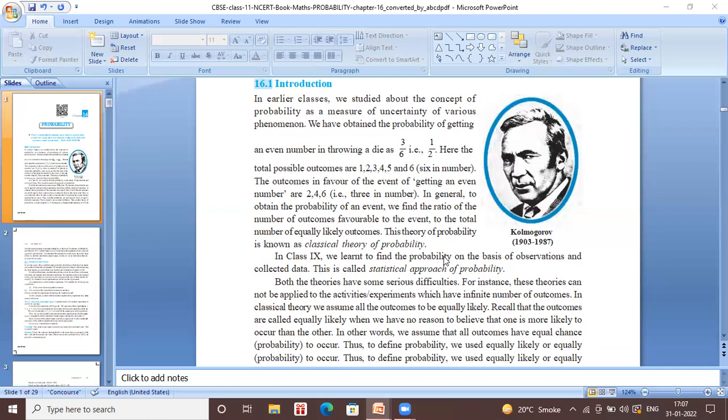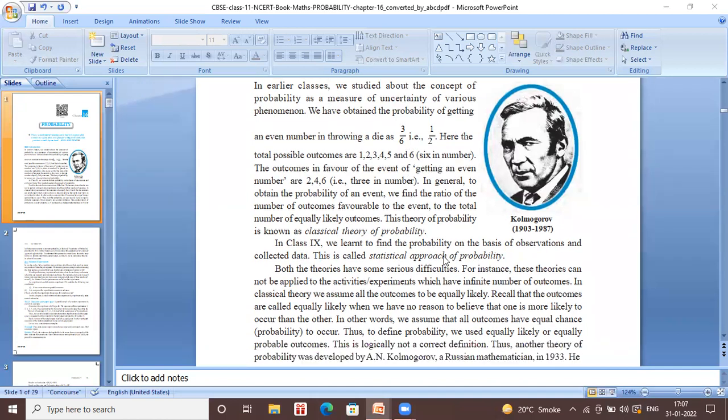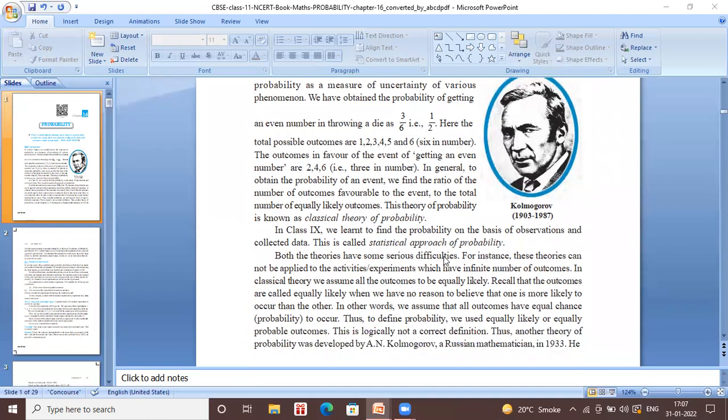Okay. Now, in 9th standard, students, we did the statistical approach of probability, where the data are given and we have to observe the data and then answer the particular question. That is called the statistical approach of probability, or it is also known as empirical probability.